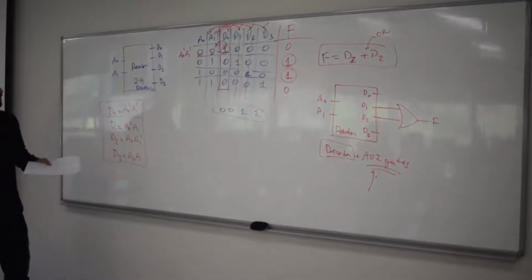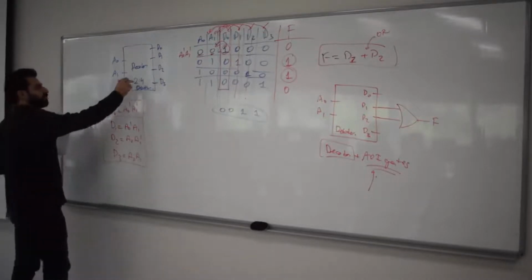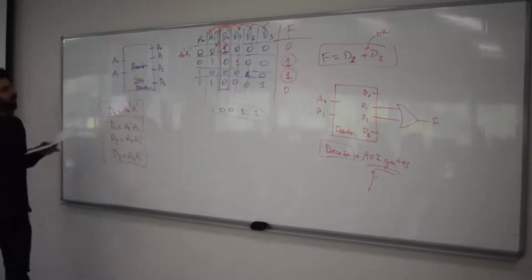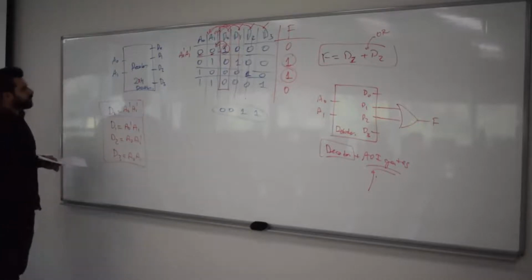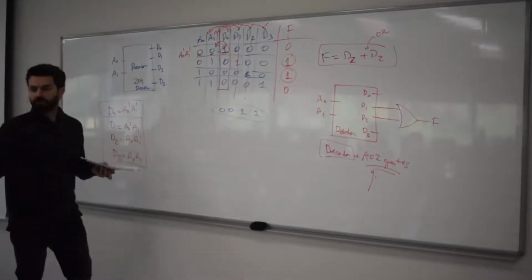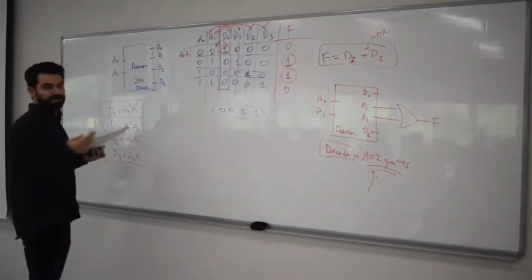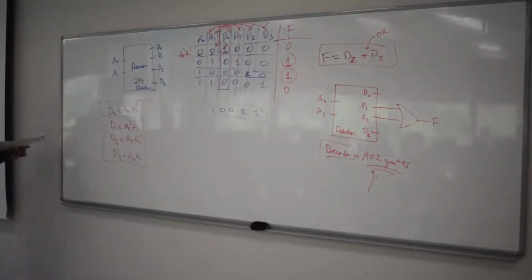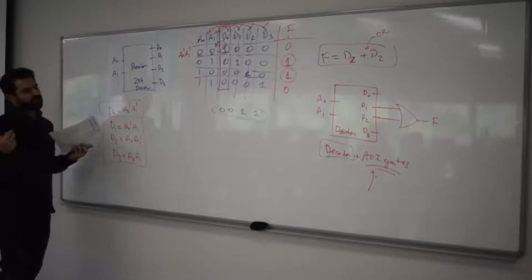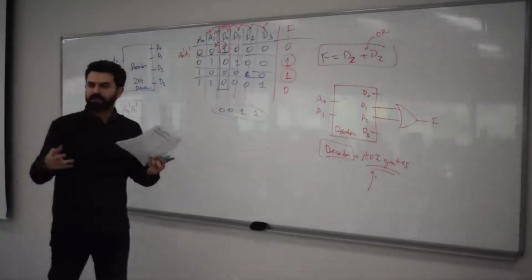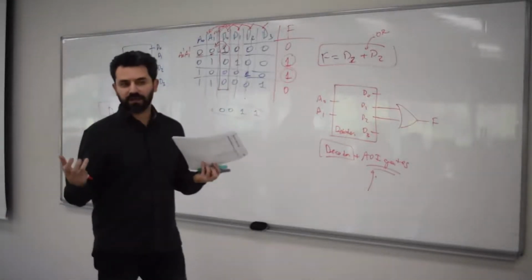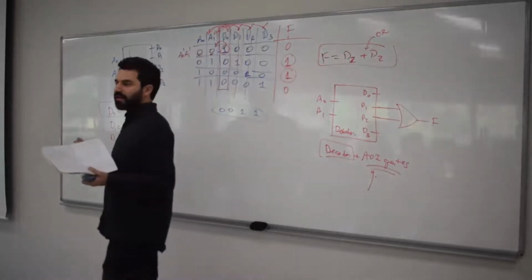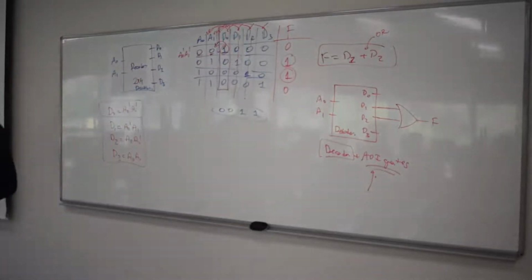So I've shown you a 2x4 decoder, and sometimes you would need bigger decoders, for instance 4x16 or 3x8. The question is, how are we going to get to these bigger designs? Because when you go to market, decoders come in standard form most of the time.